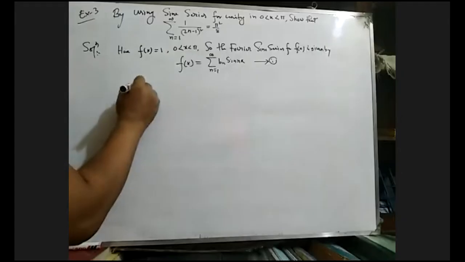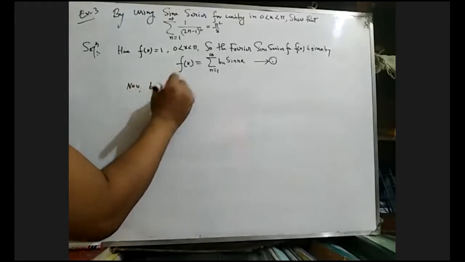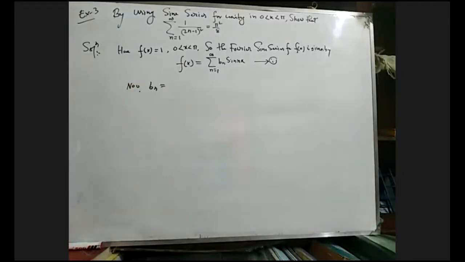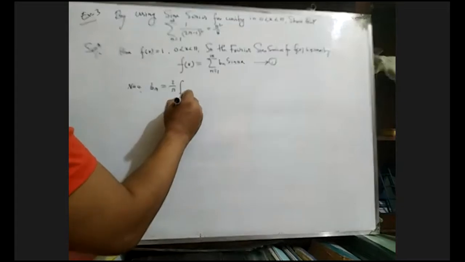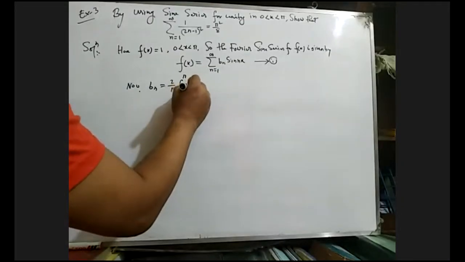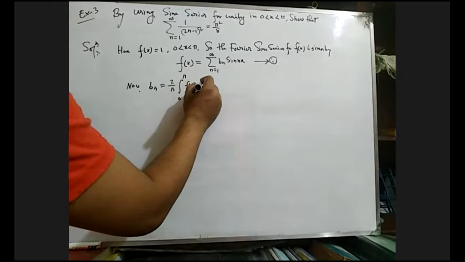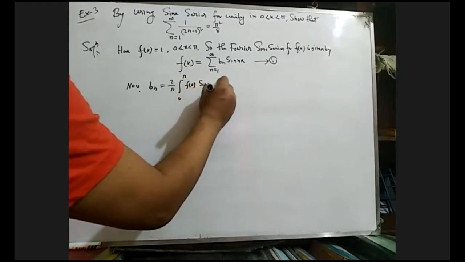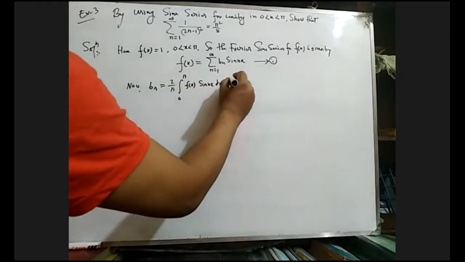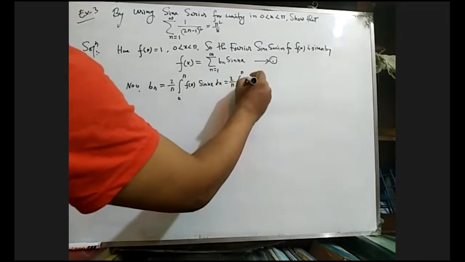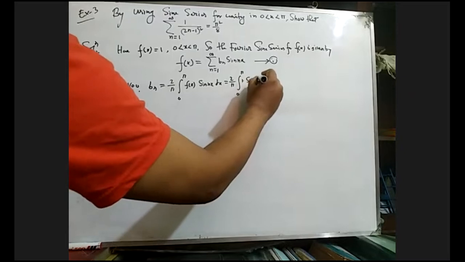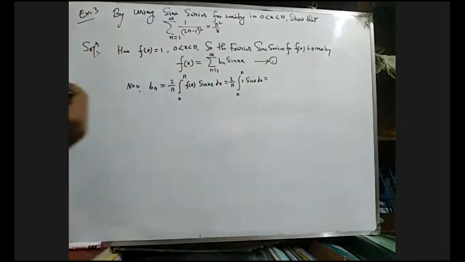Now bn equals to, what's the formula you must know? Bn equals 2 divided by pi, integral 0 to pi, f of x sine nx dx. Here f of x equals only 1, so 2 by pi, integral 0 to pi, sine nx dx.